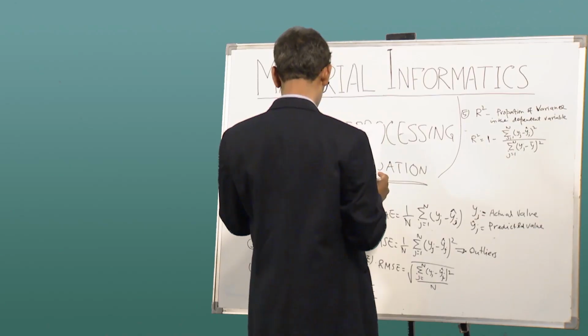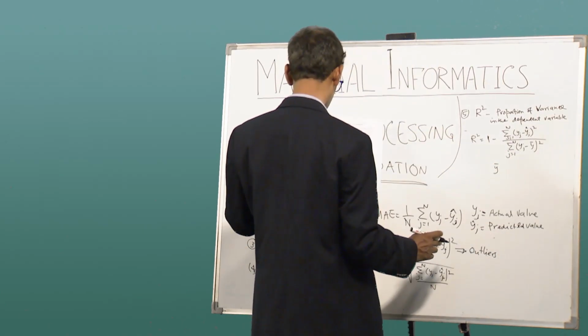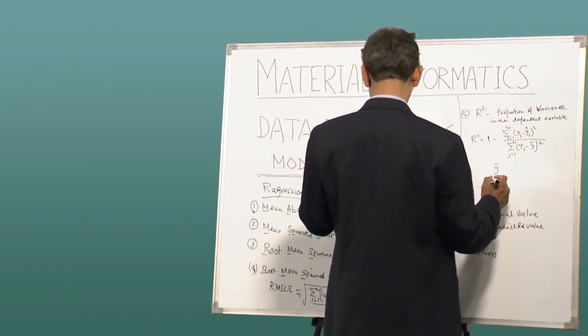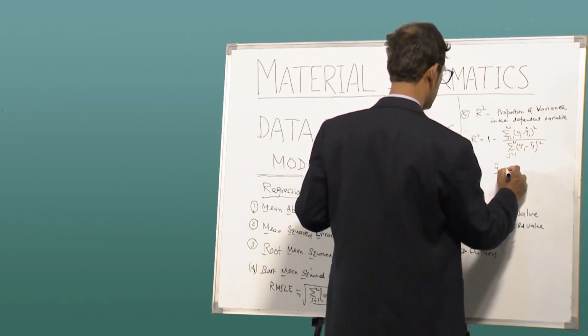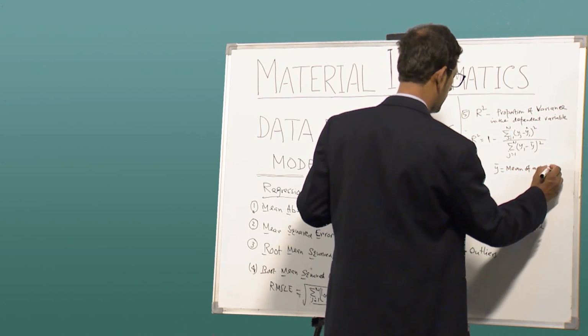Everything is the same: yj and yj hat are the same, and y bar is the mean of the actual values. Remember, actual values, not predicted.